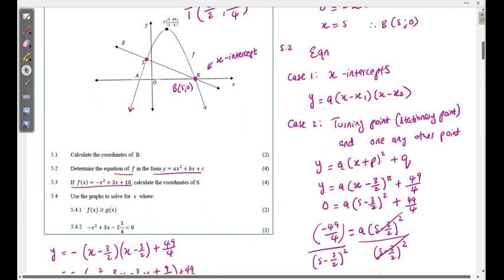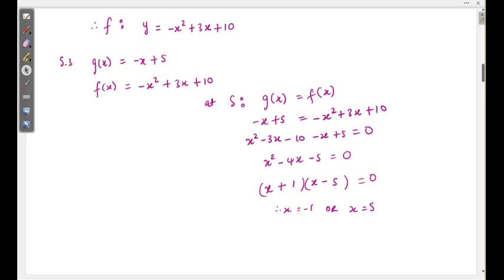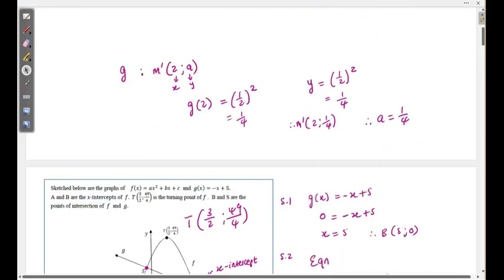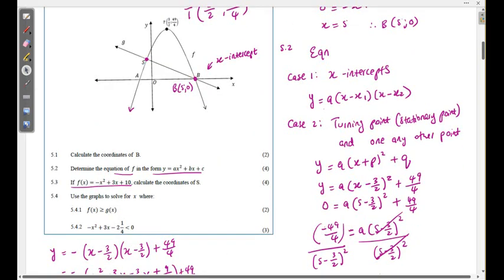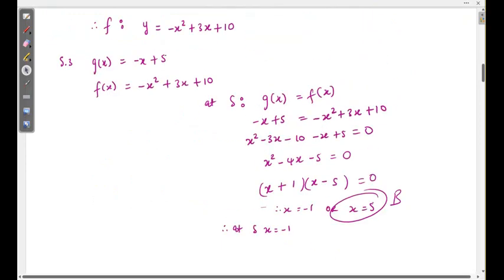So for 5 we already know that it's at B. It means that S is what? 5. Therefore at S, x should be negative 1. Oh, yeah, okay. Because this one is for B. You can check the graph. That one is for B there. Perfect. Now that we have the x coordinate of S, we can just use either f of x or g of x to get the corresponding y value.